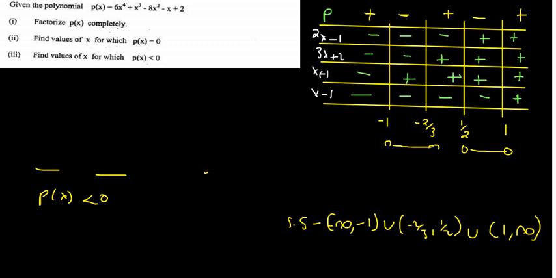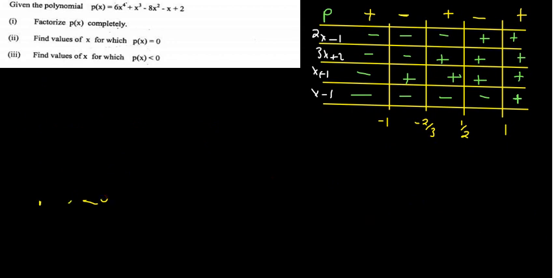Now let me just add something. Let's say they said sketch the graph of p of x, how would we sketch it? After you have done everything that we have done here, the sketch of the graph would be very easy. Just get the values that we have found and put them on the x-y plane.